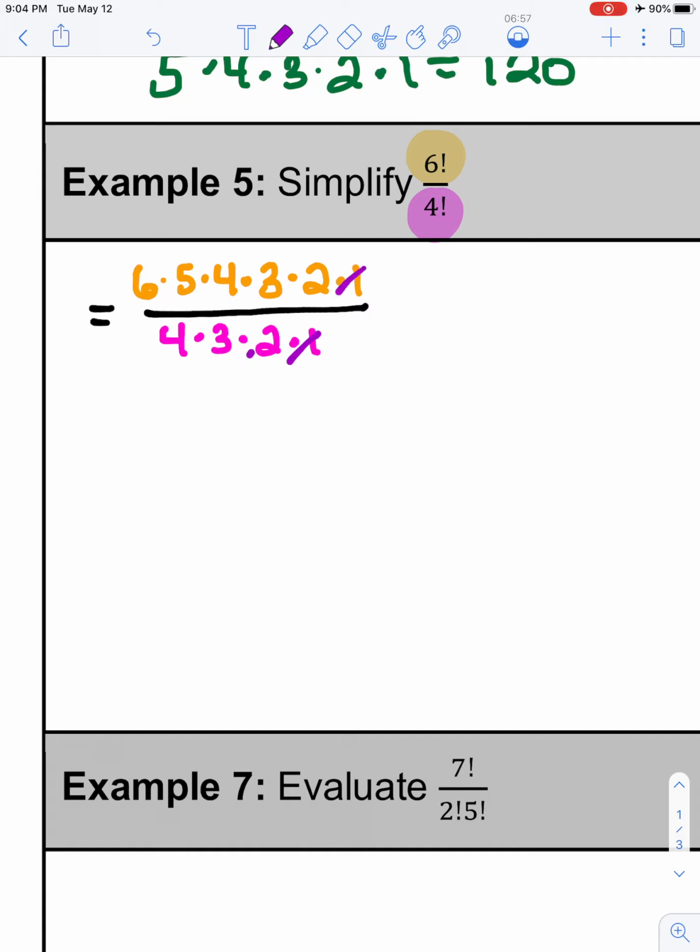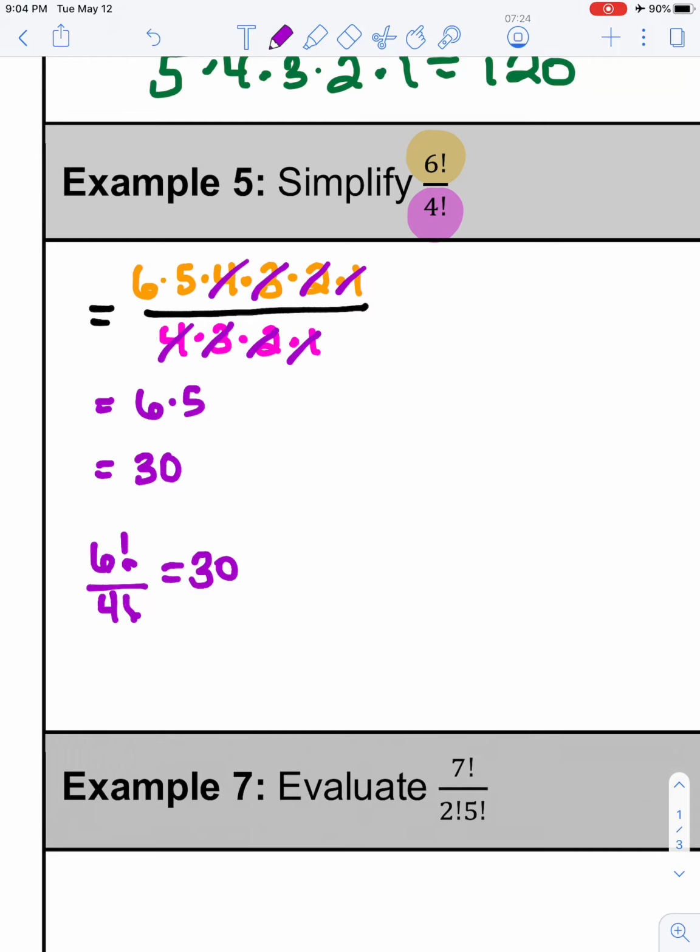Doing so leaves us with the fact that 6 factorial divided by 4 factorial is actually just 6 times 5, which we know pretty simply is 30. Okay, so we can say that 6 factorial over 4 factorial is equal to 30.